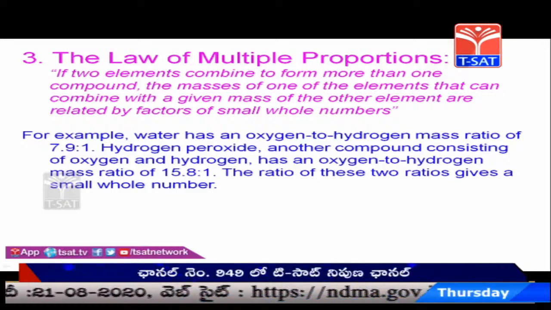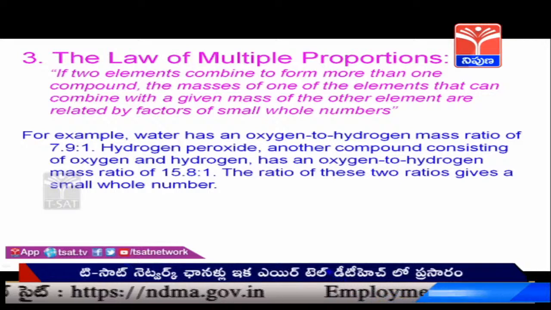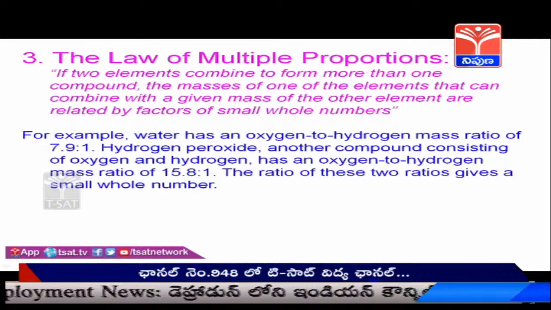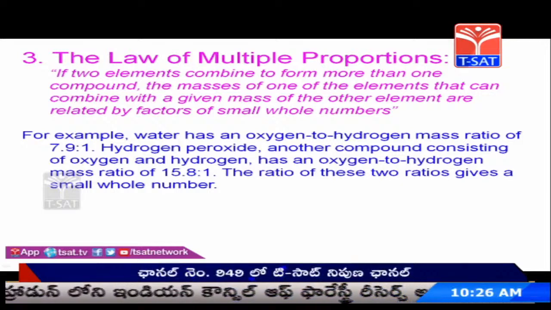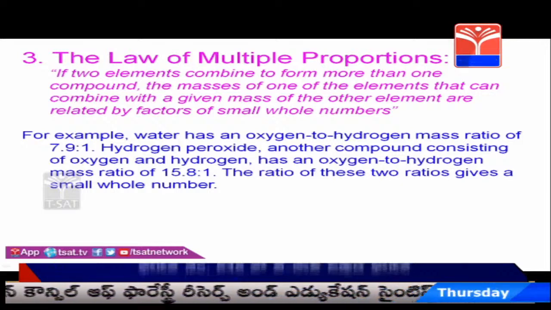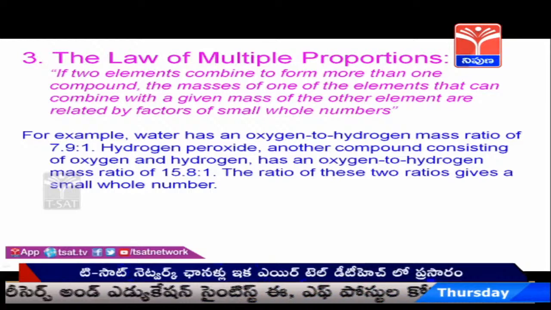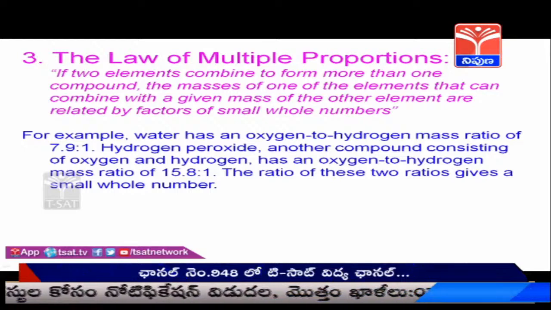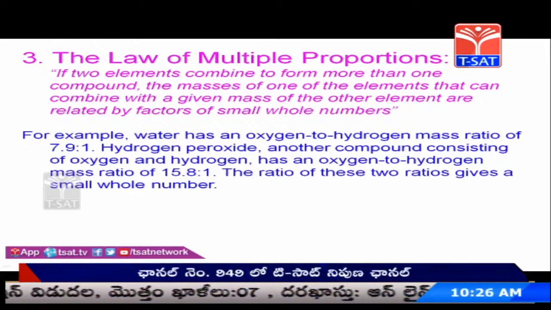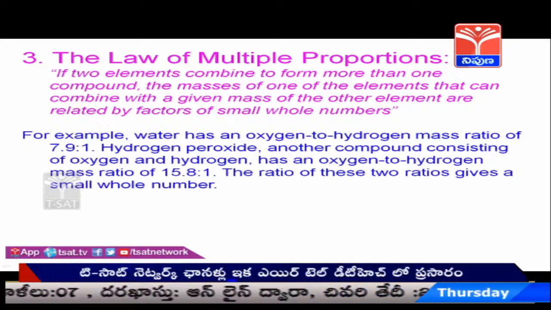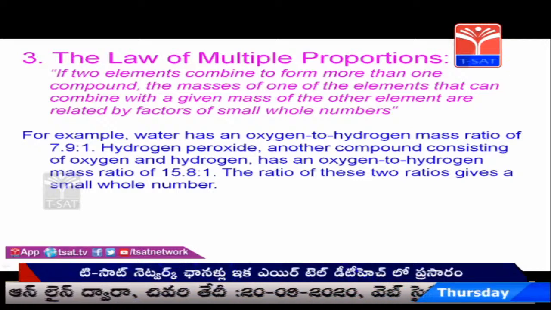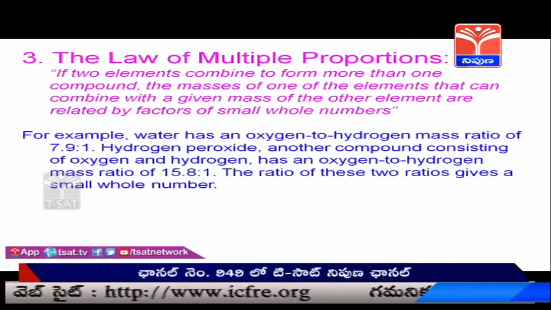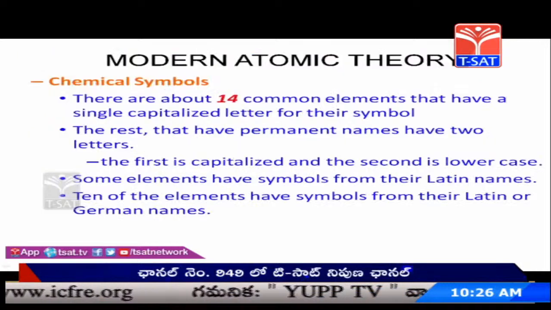Whereas, to form hydrogen peroxide, we require 15.8 grams of oxygen and 1 gram of hydrogen. The same mass of hydrogen combines with different masses of oxygen to form hydrogen peroxide or hydrogen monoxide, or water. This is called the law of multiple proportions.